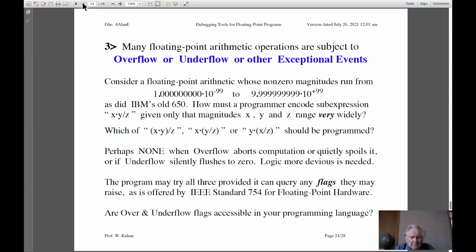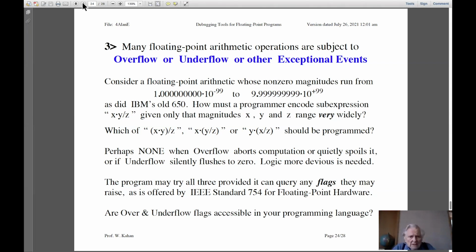Here's a simple example. You want to compute x times y divided by z. Actually, you don't really want to compute this as a final result. It's very likely that this is just a sub-expression on your way to something else. But you'd like very much to be able to compute this sub-expression provided it's not too big or too small.